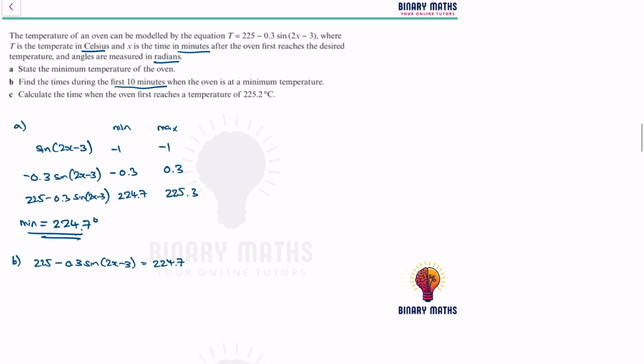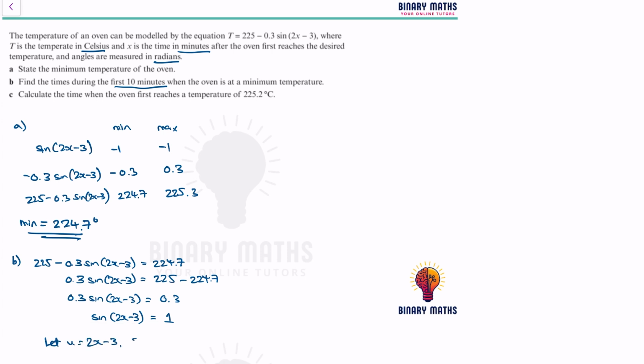Okay, that means when I rearrange it, I get 0.3 sine of 2x minus 3 is equal to 225 take away 224.7, which means 0.3 sine of 2x minus 3 is equal to 0.3, which means sine of 2x minus 3 is equal to 0.3 divided by 0.3, which is 1. So let u be equal to 2x minus 3, then sine of u is equal to 1.